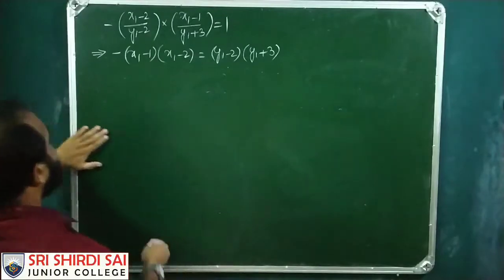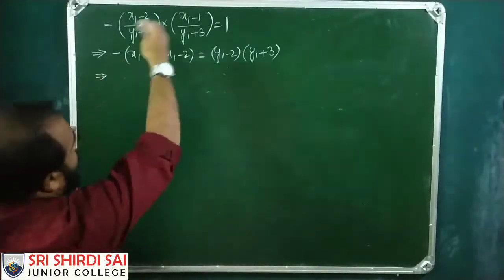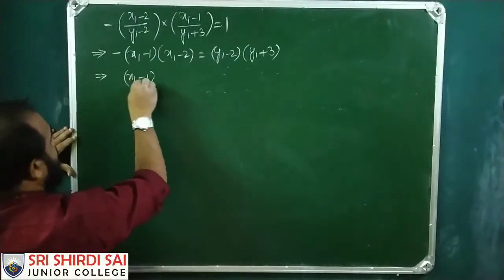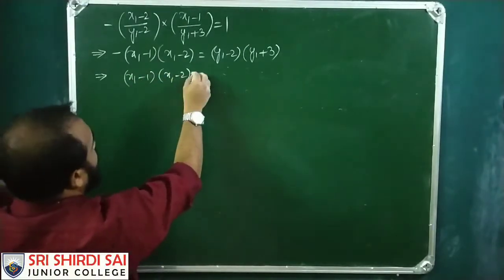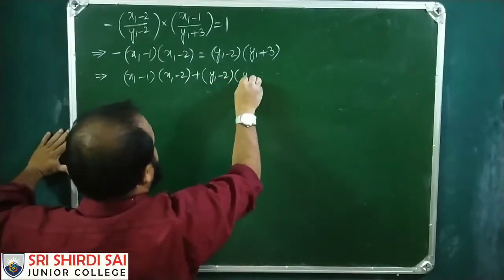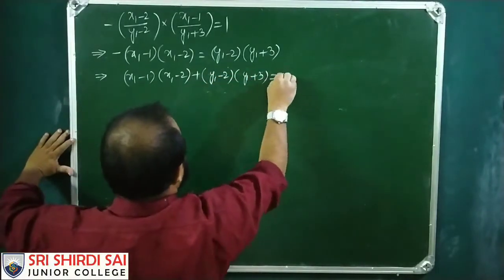So from this, if you take all this onto the RHS, (x1 minus 1)(x1 minus 2) plus (y1 minus 2)(y1 plus 3) equals 0.